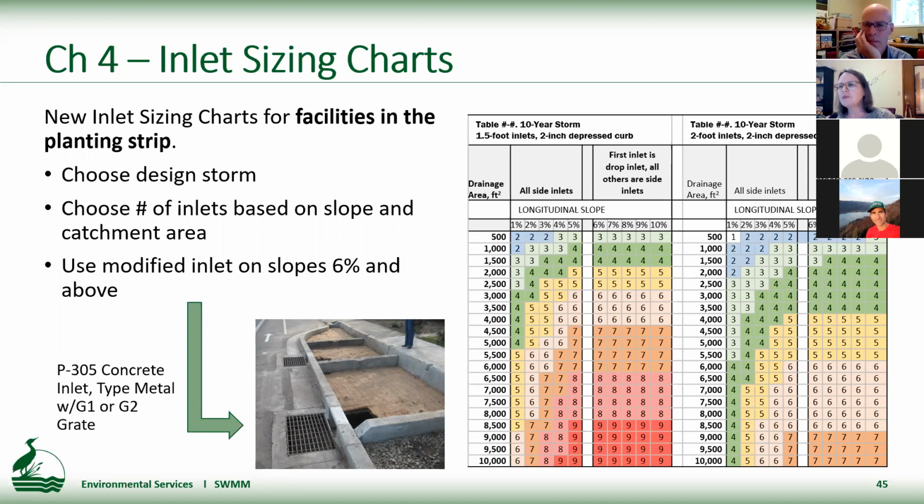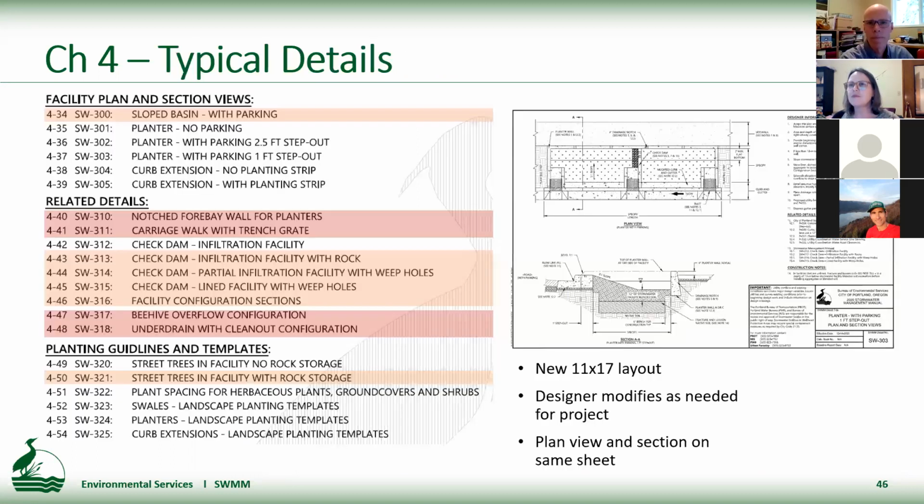We also have a little bit more guidance for curb extensions on inlets. We don't have tables. That first inlet in curb extensions, as you can imagine, is pretty effective. But it's really when the water needs to take that 90-degree turn that we are having a little bit more guidance for inlets.